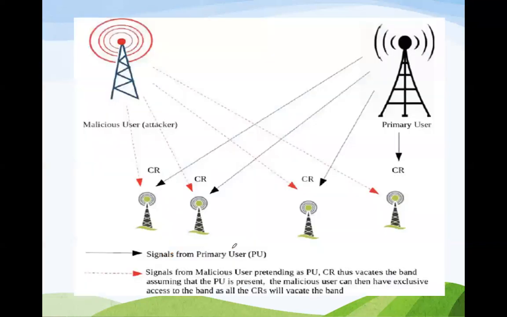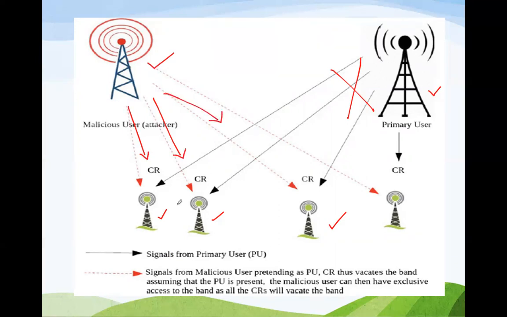Let us consider the following figure. Here we can see that this is the primary user, and these are the secondary users. Now, suppose the malicious user or the attacker wants to use this spectrum. What the malicious user does is send signals similar to the primary user. Even if the primary user signals are not available, the malicious user will send signals which are exactly similar to those of the primary user.